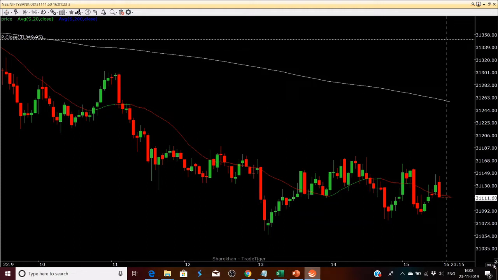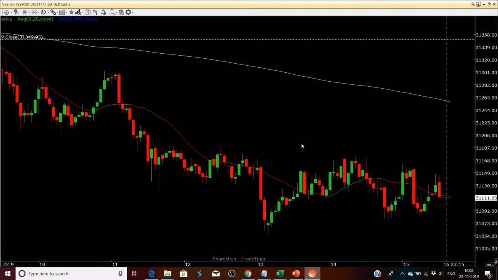Which is the best time frame to buy? I would suggest the closer to reality, the better. So I use the 3-minute time frame. You can choose 2 minutes also. Don't choose 1 minute, it is too quick. 3 minutes is okay, 5 minutes is also okay, but stick to somewhere between 3 and 5 so that your patterns are good and you can get good money.